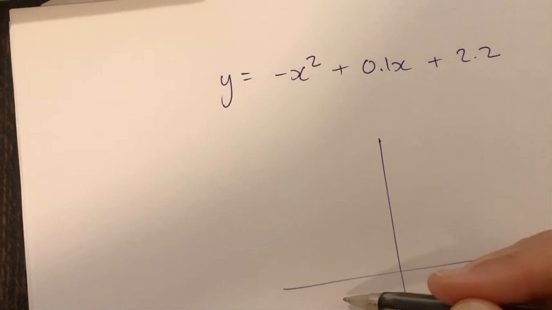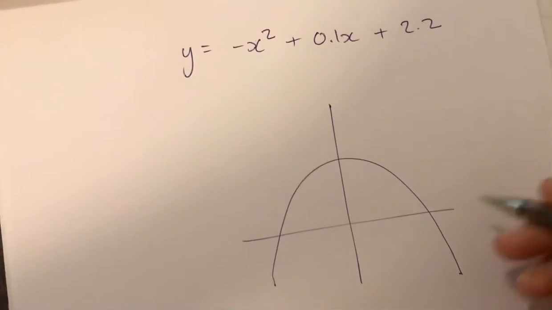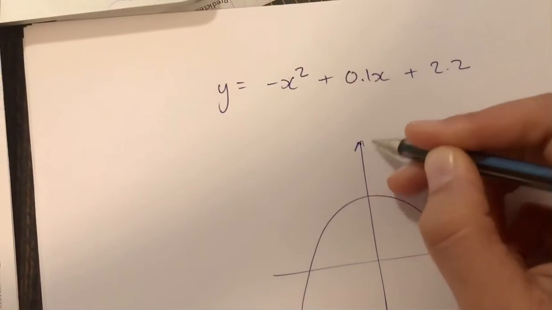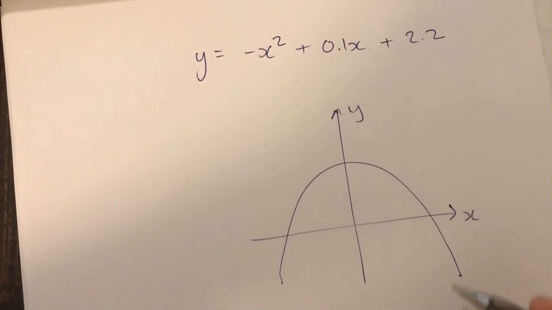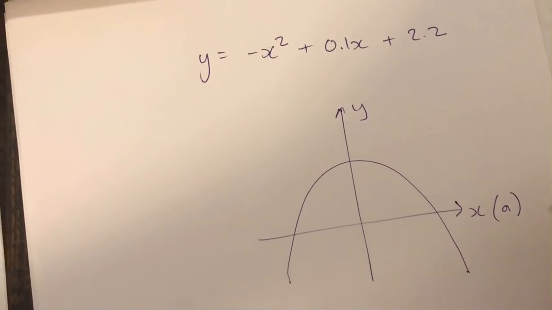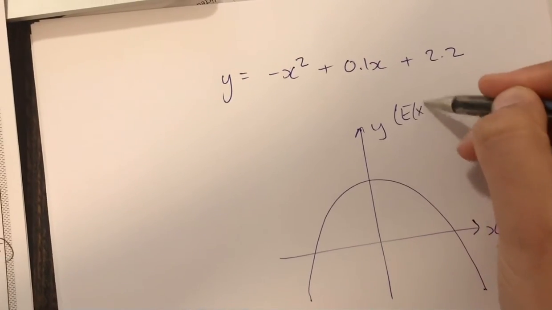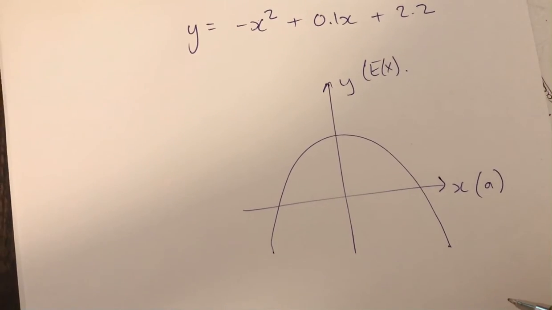So some sort of upside down parabola because it's a quadratic equation. The difference here is that we don't have the entire domain for x. So x here is like our a and our y is like E of x. So we need to think about what domain of a is actually possible.